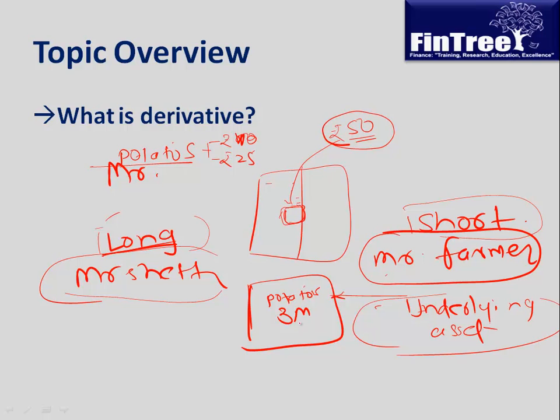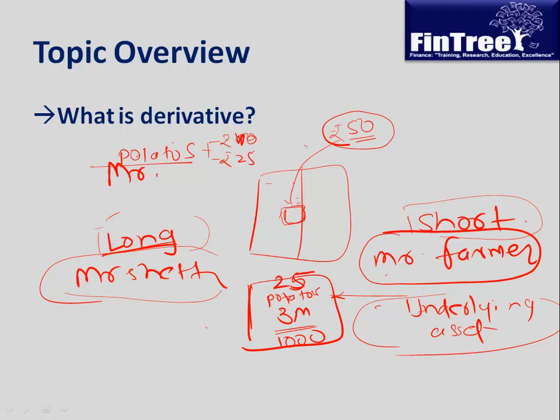3 months was the time which they had pre-decided for the transaction. So this 3 months is called the maturity of the contract. 1000 is called the contract quantity, and 25 is called the contract price. So now if I have to redefine it, a derivative is a financial instrument which derives its value based on the value of the underlying asset.